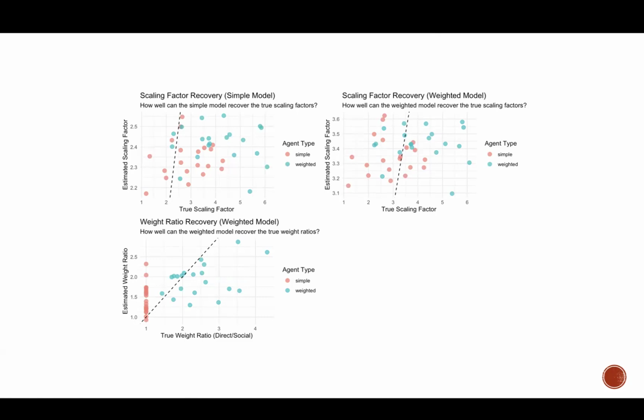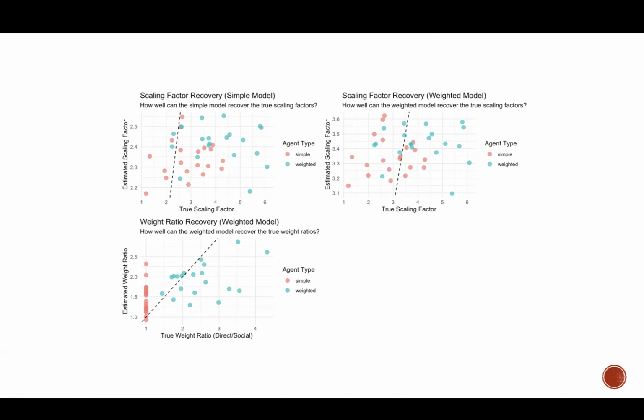There is no clear diagonal there. In the second panel, we see the true scaling factor on the x-axis, and on the y-axis the estimated scaling factor according to the weighted model. And again, not very good, right? The model is really being messed up by having a mixture of agents.